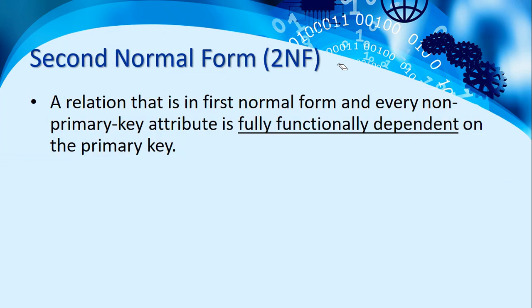So sa second normal form, no? Relation that is in first normal form, no? So basically, you could say that your table or relation is in second normal form if naka first normal form na siya, tsaka every non-primary key attribute is fully functionally dependent on the primary key.